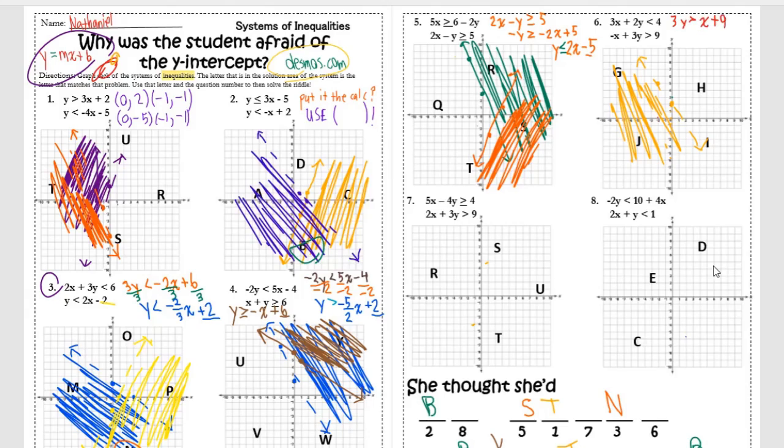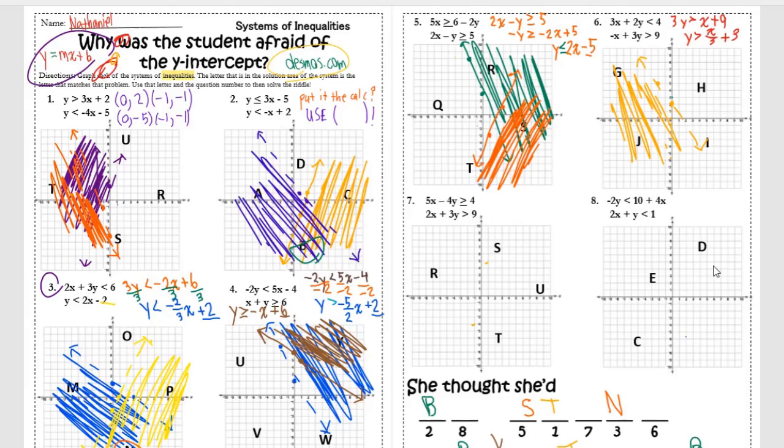Once again, see how I'm keeping it in slope-intercept form. So to get the y by itself, we have to divide every term by 3 because the opposite of multiplication is division. So we have y is greater than x over 3 plus 3.